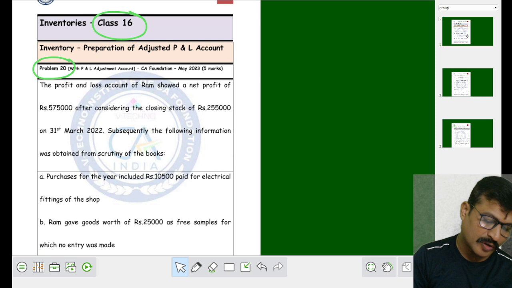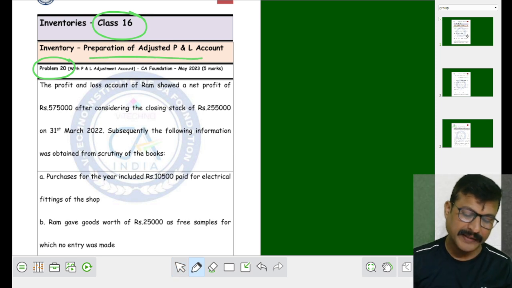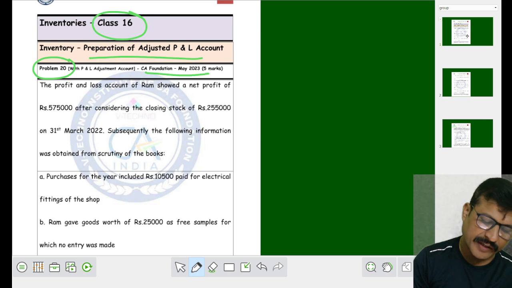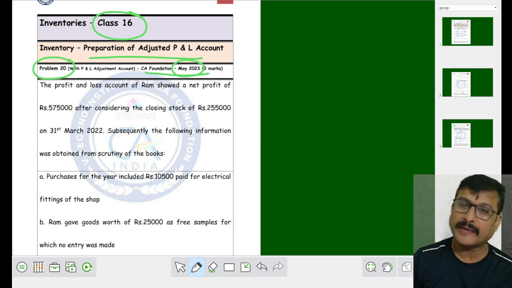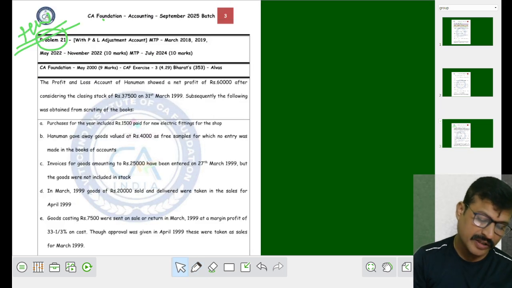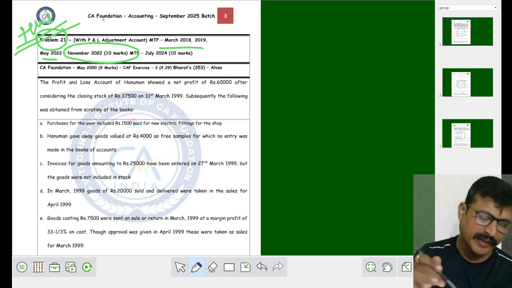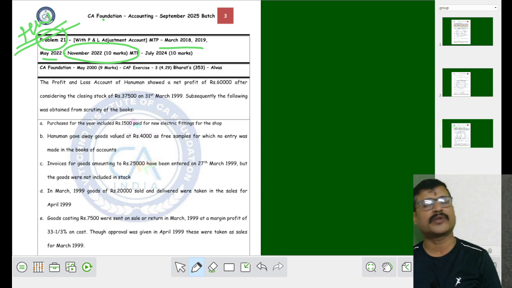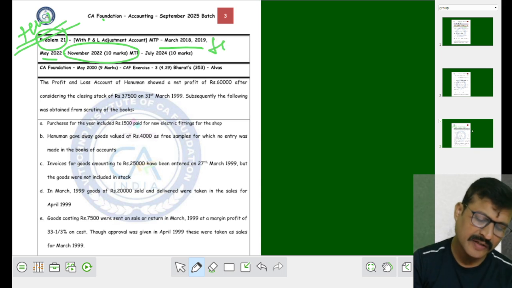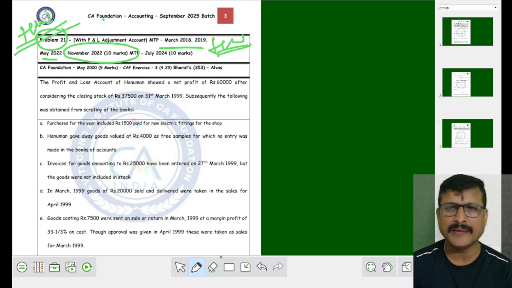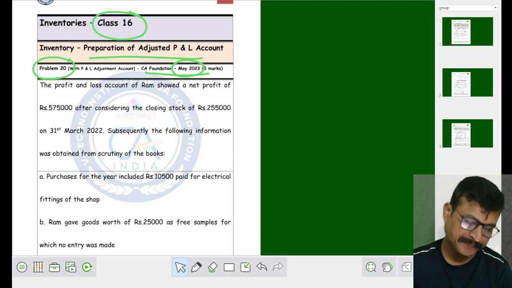This question about preparation of profit and loss adjustment account was asked in CA Foundation 2023 for 5 marks, and the question I am giving as homework was asked in MTP and CA Foundation November 2022 for 10 marks, my dear students. This is for homework. Similar problem, change is only in the numbers.